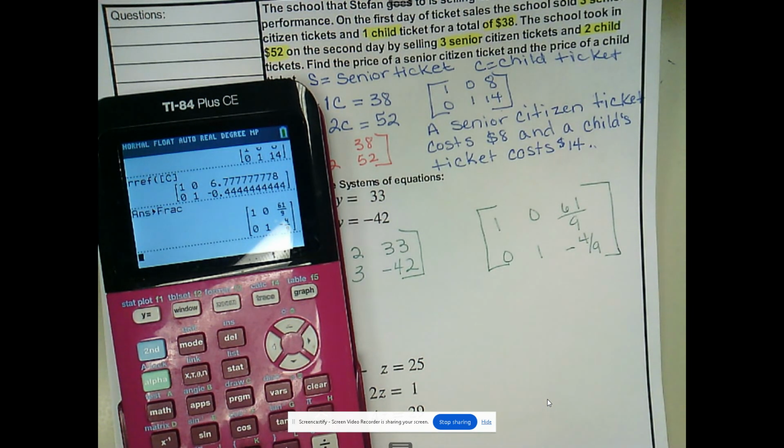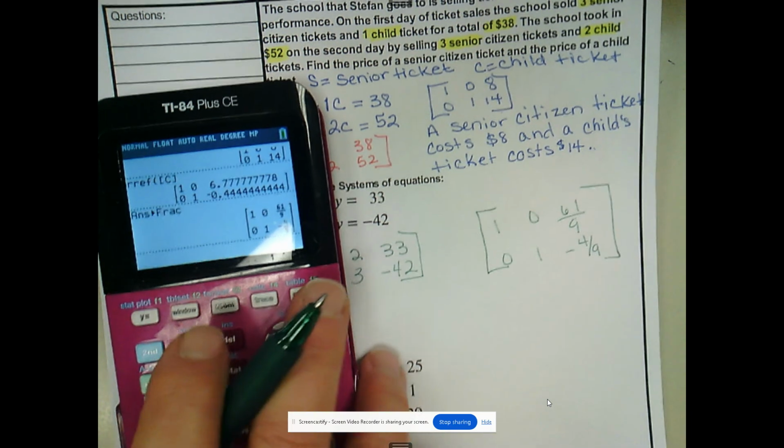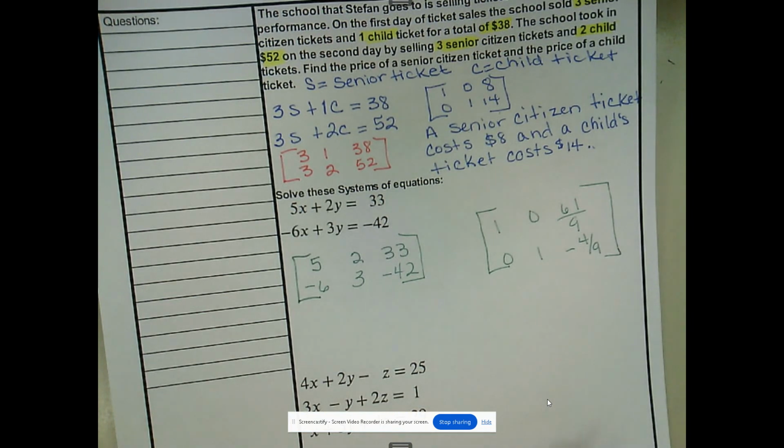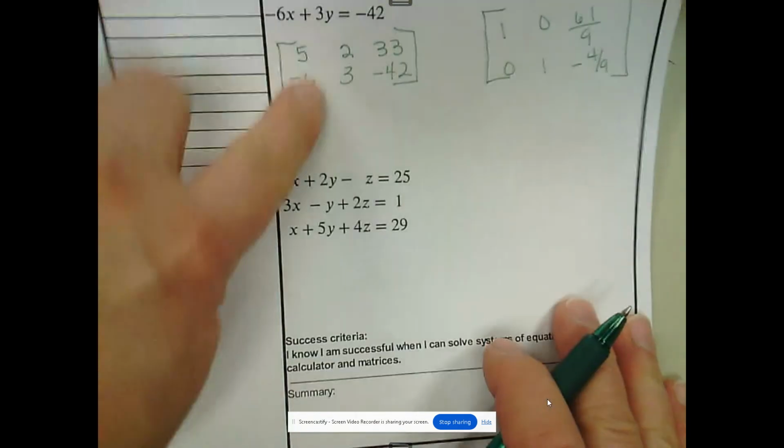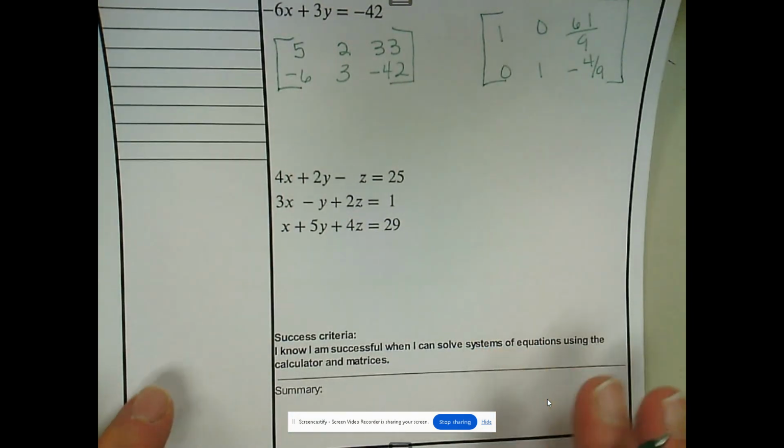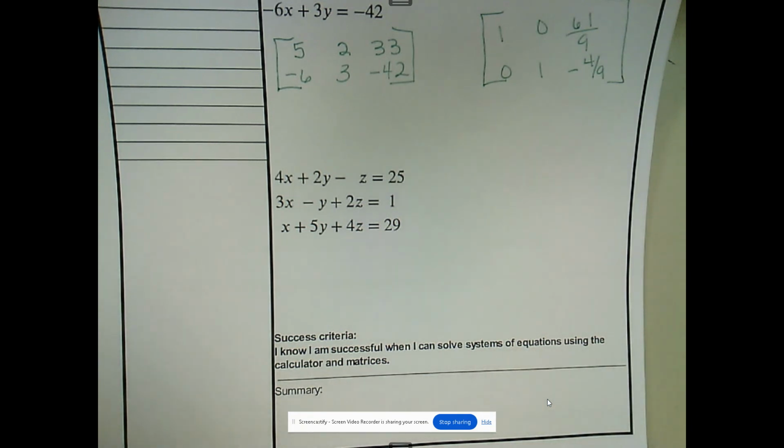So you see, it doesn't always come out as nice, pretty numbers. Sometimes you've got nasty looking fractions. But that's okay. If you didn't pause on this one, see if you can at least set up the matrix.